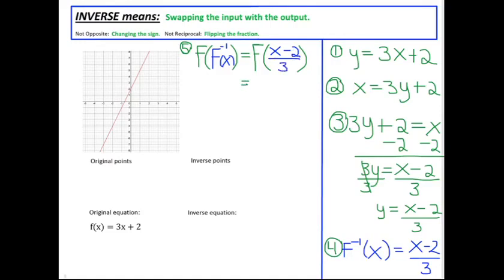And then this equals, well, since f of x is 3x plus 2, so we have 3 times something plus 2. Well, that something, x, is going to be replaced by x minus 2 over 3. So we're going to have 3 times x minus 2 over 3 plus 2.